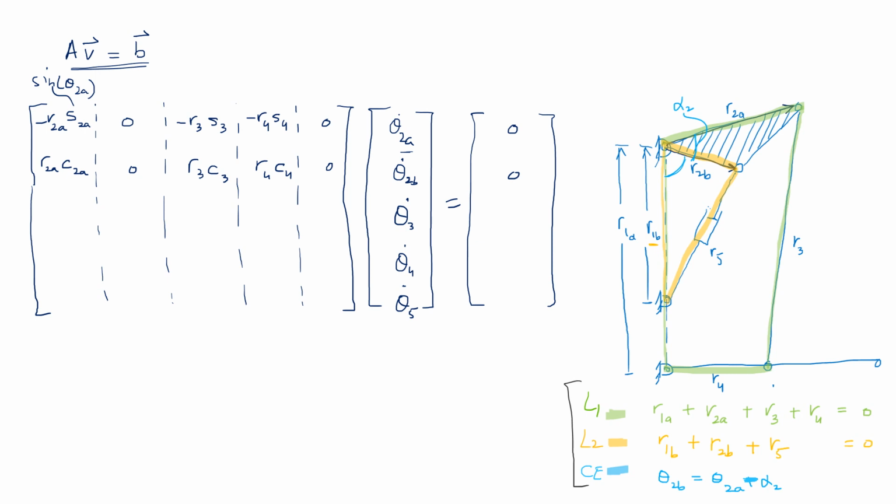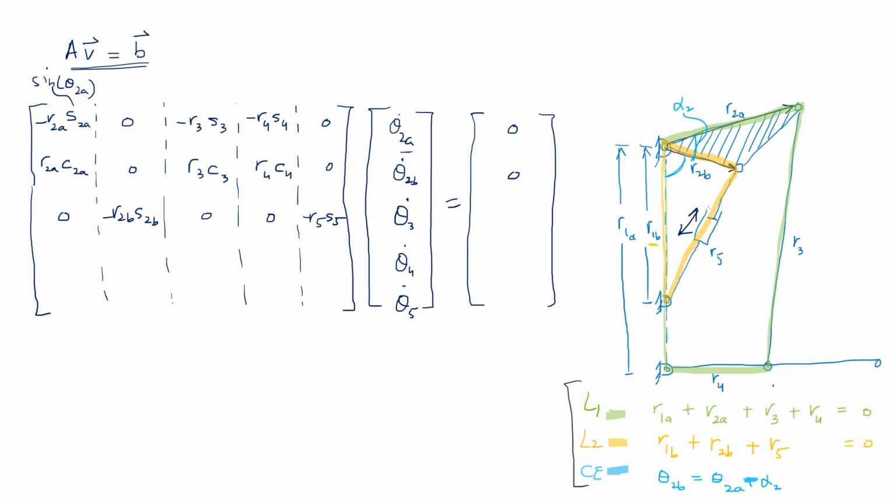Then over here you have 0, minus r2b sine of theta 2b, 0, 0, minus r5 sine of theta 5, to be equal to, now in this particular case you are providing input in terms of this displacement over here, so that's why it is on this side.